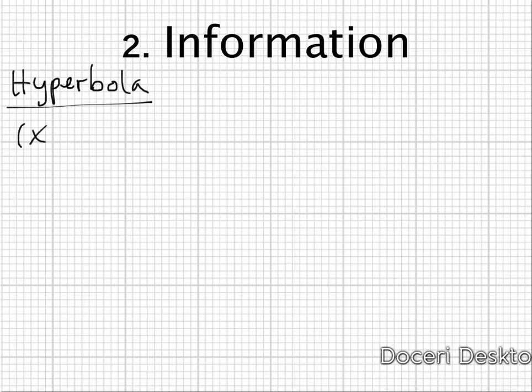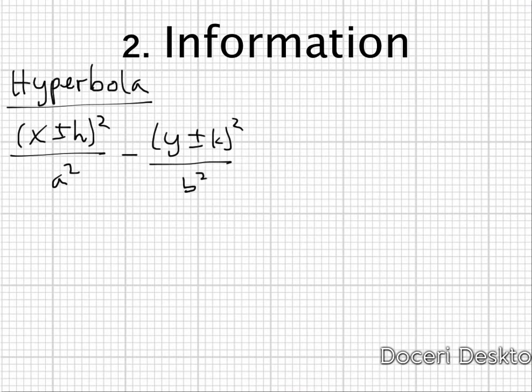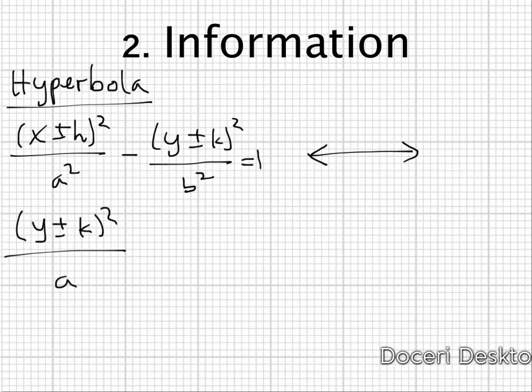The standard form for a hyperbola is (x plus or minus h) squared over a squared minus (y plus or minus k) squared over b squared equal to 1. This is for a hyperbola that is going left to right. For a hyperbola going up and down, we have (y plus or minus k) squared over a squared minus (x plus or minus h) squared over b squared equal to 1.